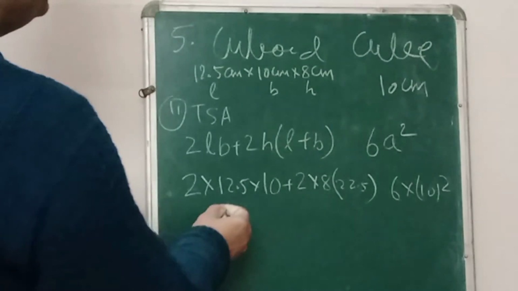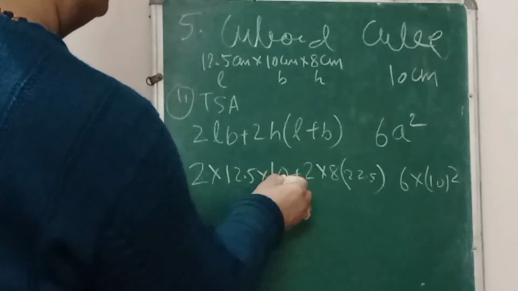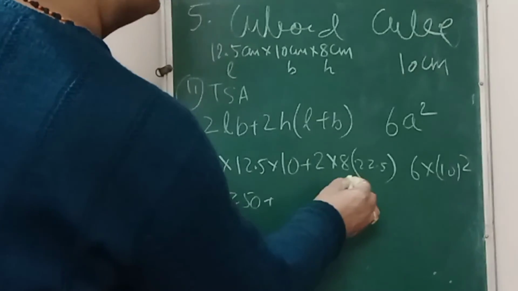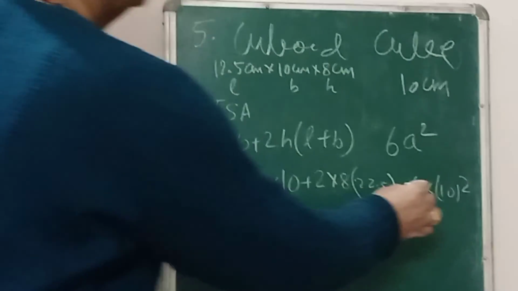And for the cube, 6 into 10 square. So this is 250 plus 360, which is 610 centimeters square, and 600 centimeters square.